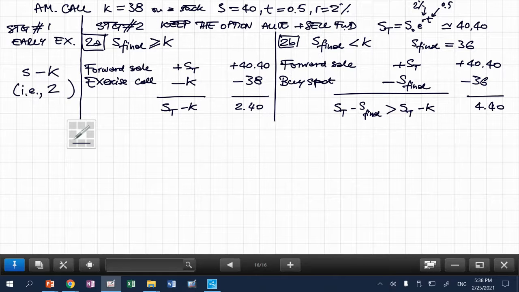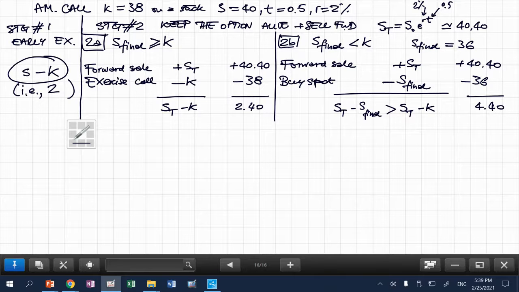Now, in order to see which is winning between strategy 1 and strategy 2, we have to do two final steps. First, take the lowest of the two possible values of the outcome of strategy 2, which is ST minus K. And second, consider one thing: while S minus K is obtained today, ST minus K is not obtained today, it's obtained at maturity.